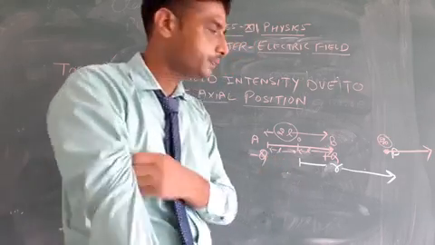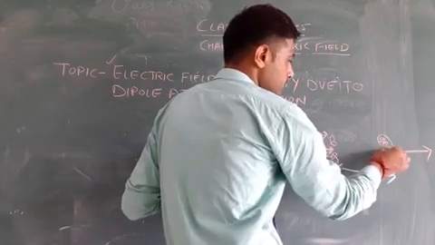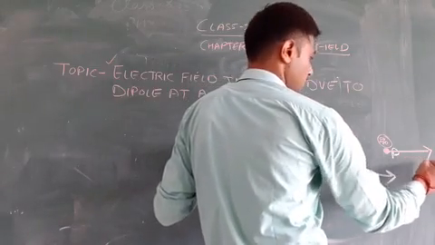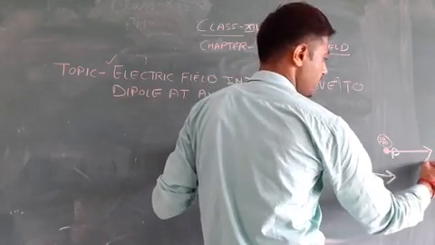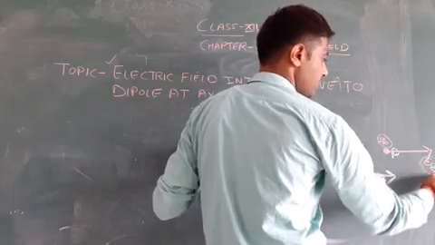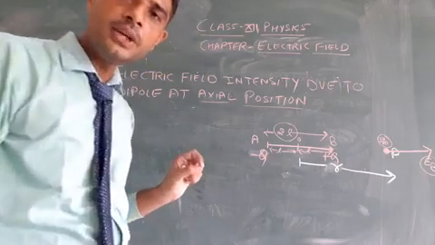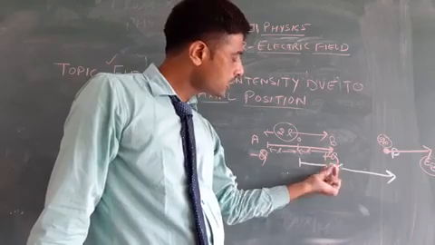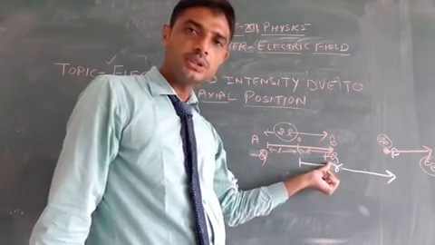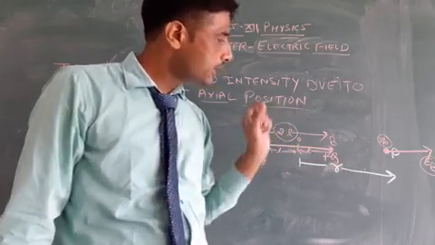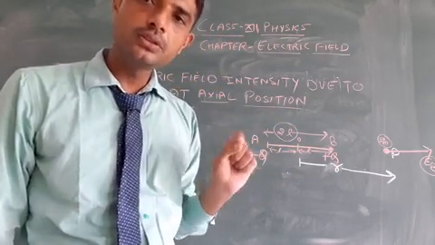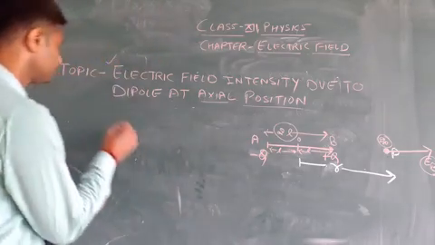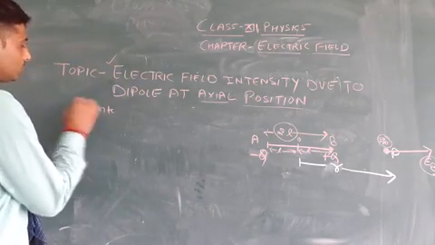Okay, so this is the intensity. Let this be EB. This is the intensity due to plus Q charge, and plus Q charge is situated at point B. So that's why the intensity due to plus Q charge is EB. You can write: Solution.